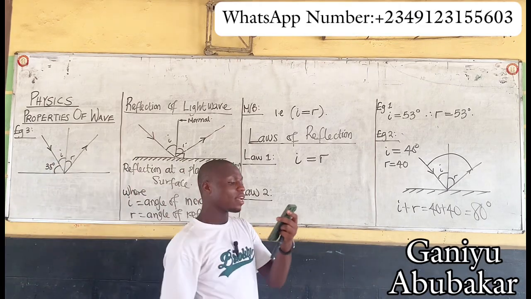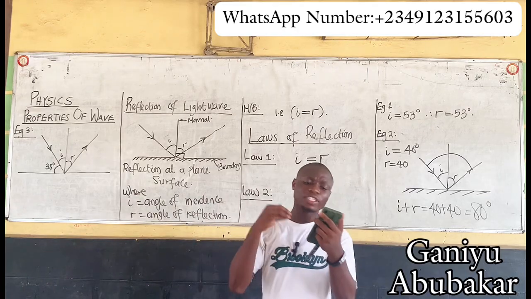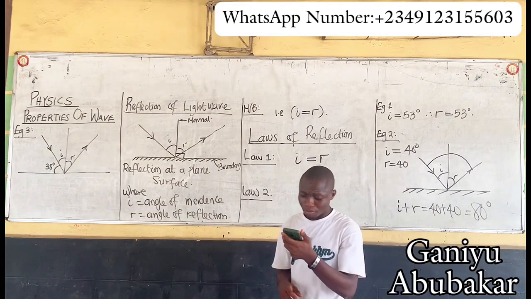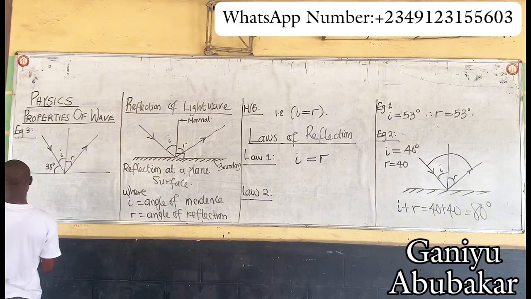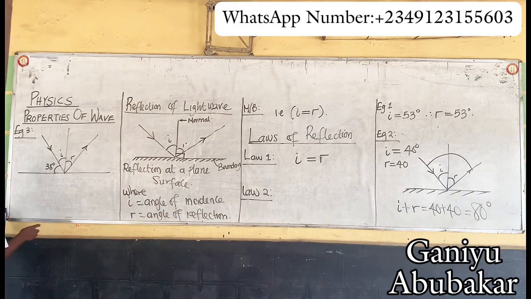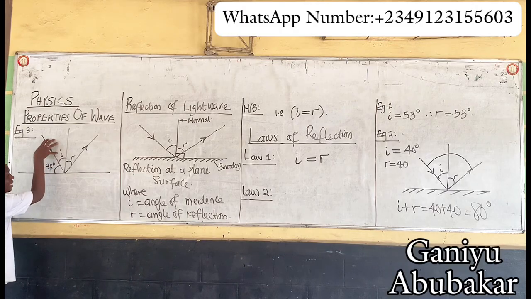All right, next task, I'm asked to find the angle of reflection and the angle between the incident ray and the reflected ray, please. Now look up, please. First, I have to get I in this case. To get I is easy. We established that the angle between the normal and the surface is 90 degrees.